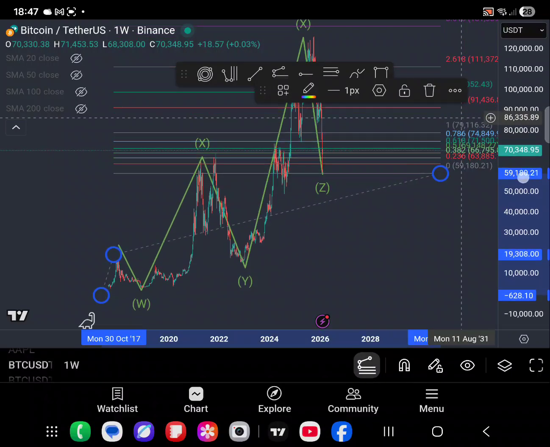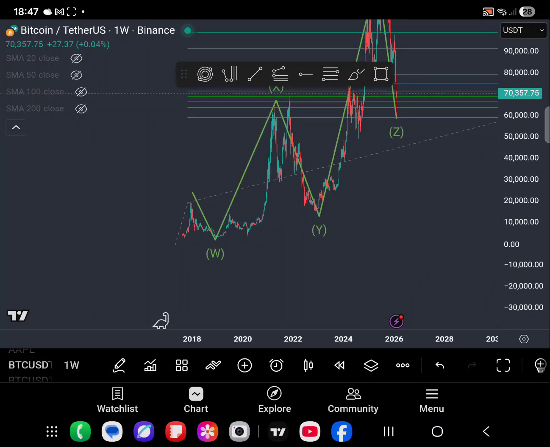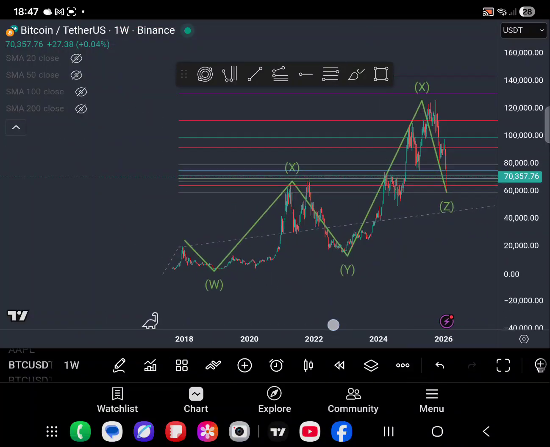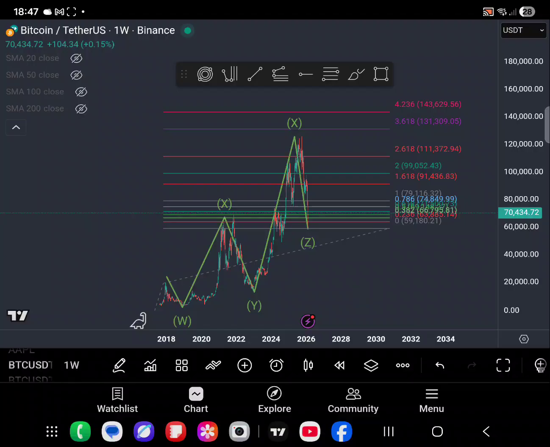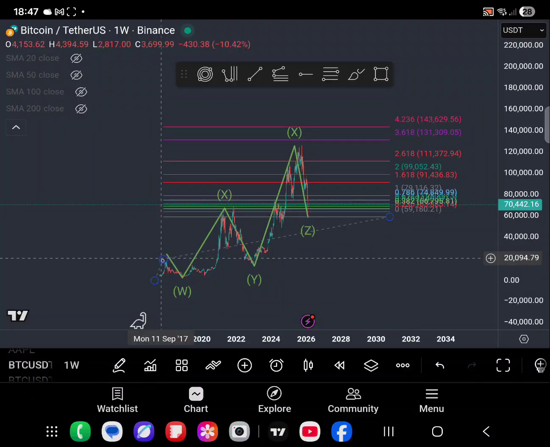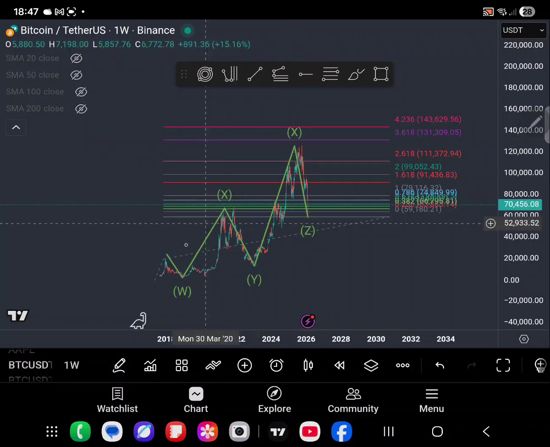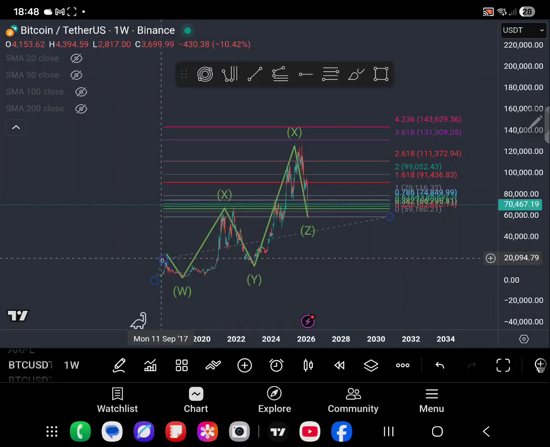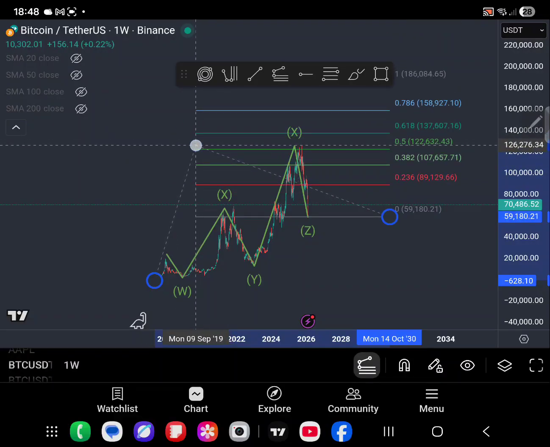Wave 5 can extend a lot more than that. It depends. Obviously, this is just theoretical. But because price went so much higher than where wave 1 finished, what I would do is take this and set that price wherever that high was.